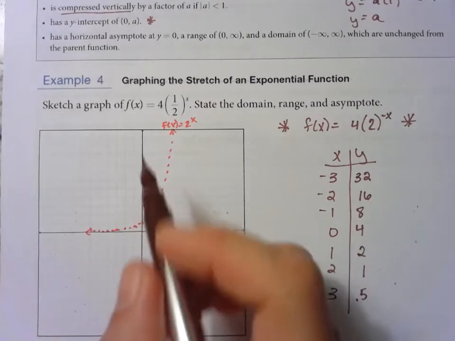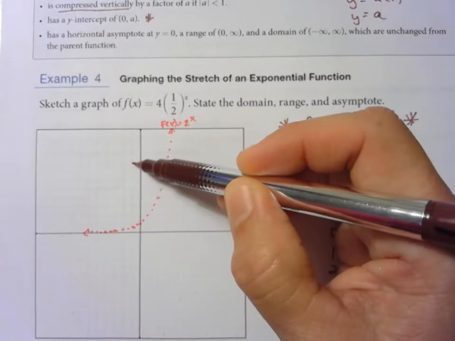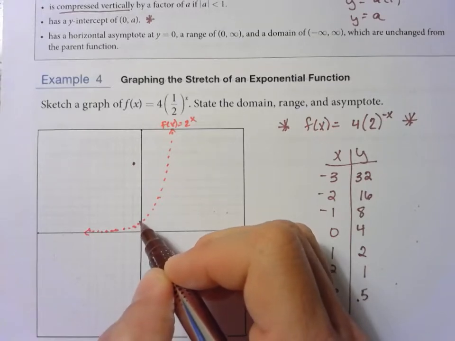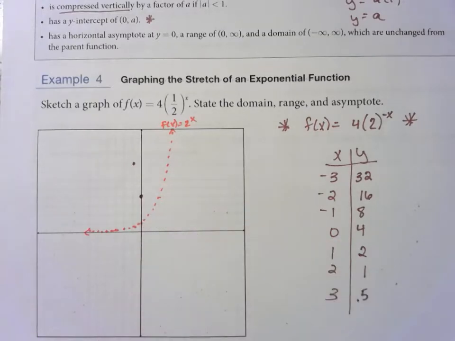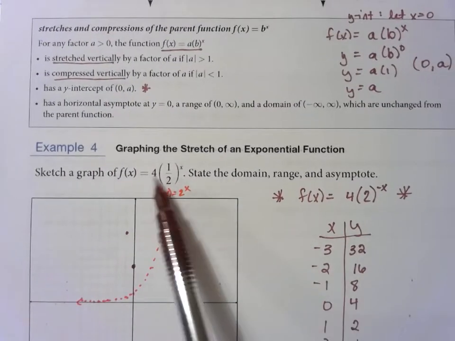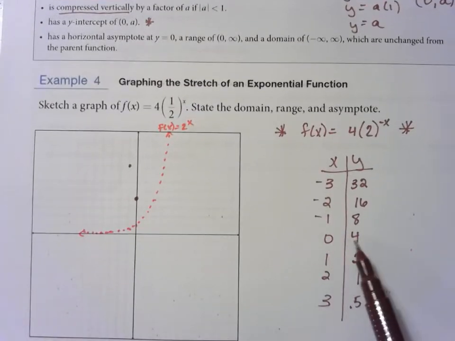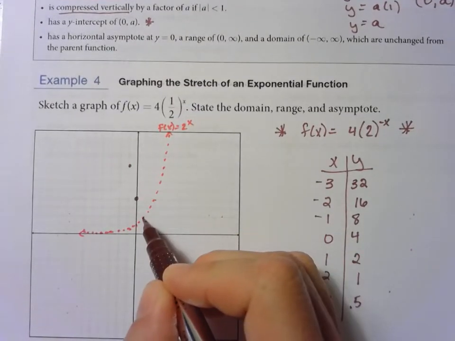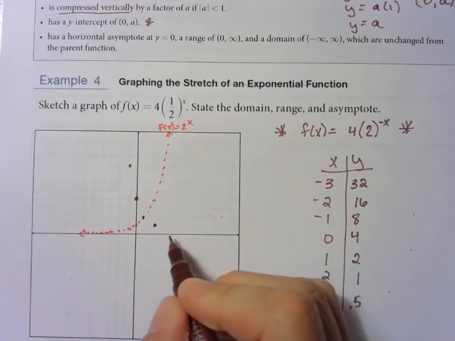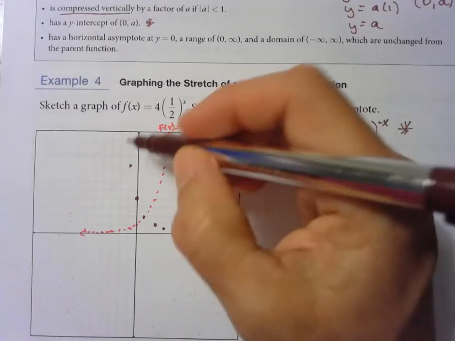We might be able to do (-1, 8) though. There we go. And then (0, 4). Do you remember we said that that's going to become the y-intercept? This number here is your y-intercept. Okay, so we can see that happening right there. Then (1, 2), (2, 1), (3, 0.5), and this is going to get closer and closer to the x-axis there.